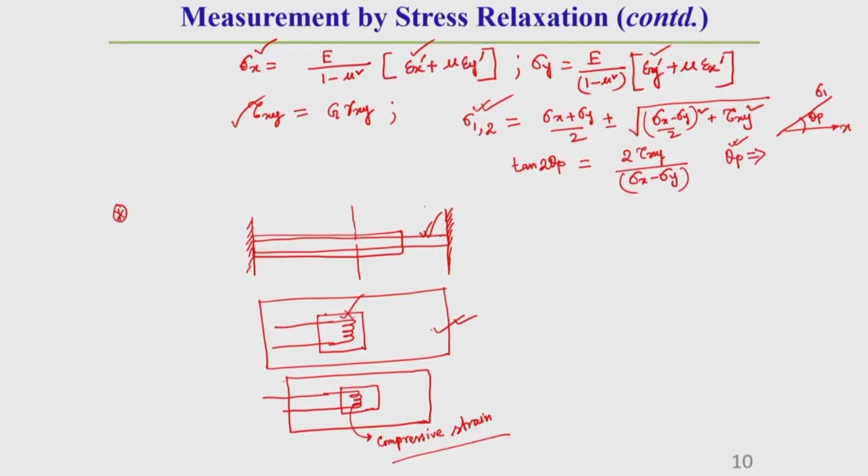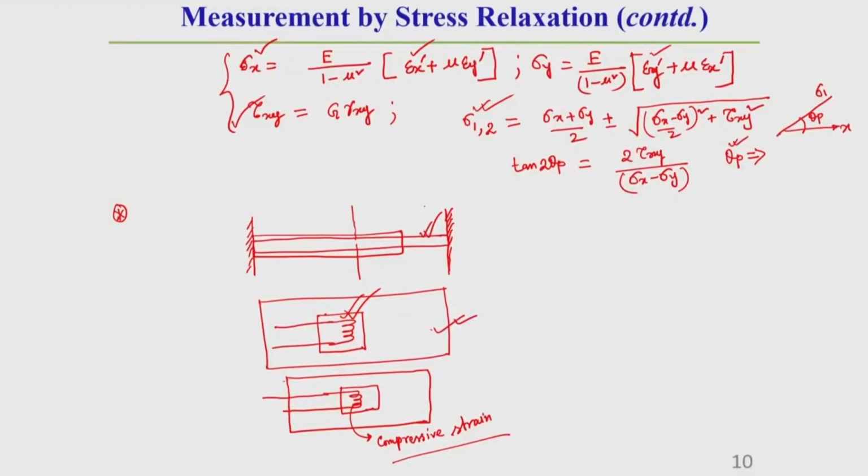Actually in this body there is tensile stress, but due to the release, the strain gauge is subjected to compressive strain. So whatever the strain gauge records will be negative.